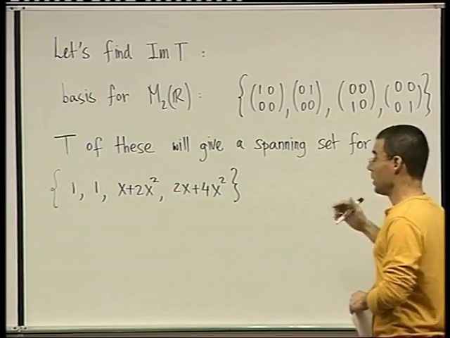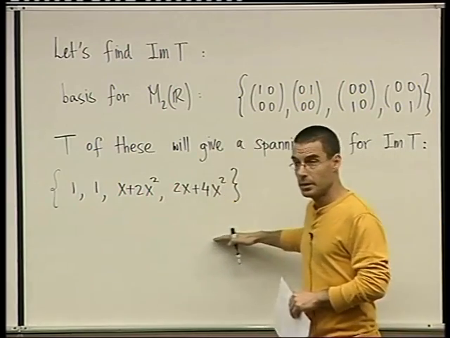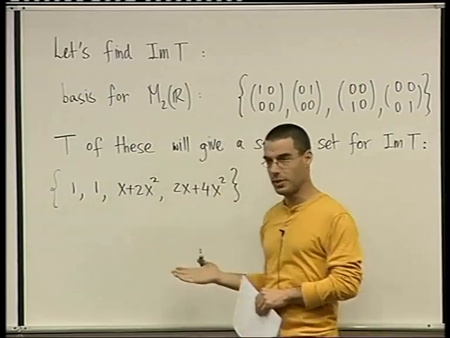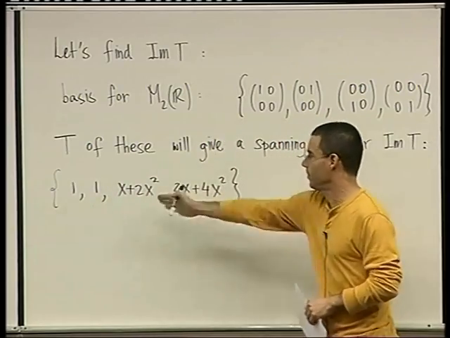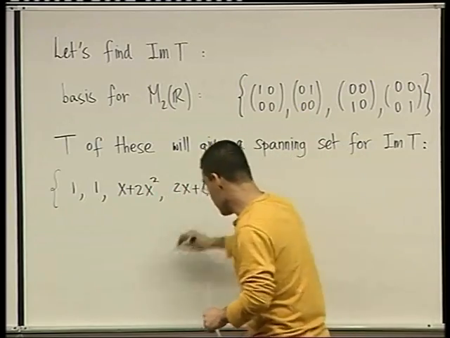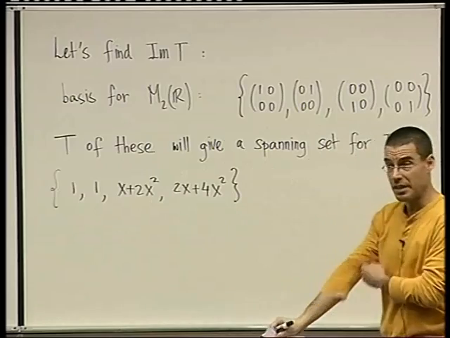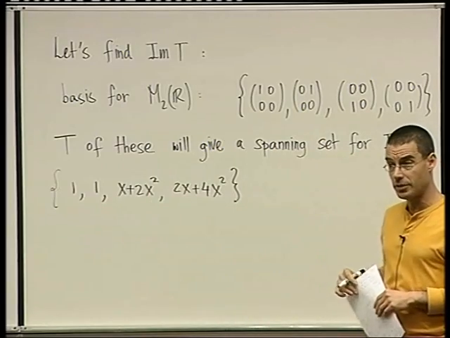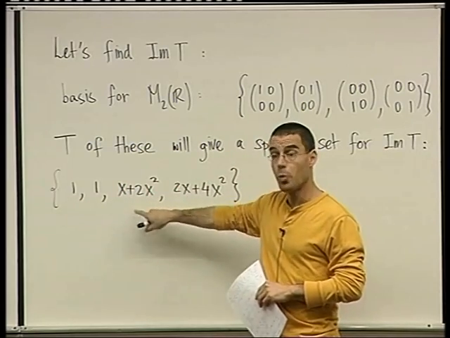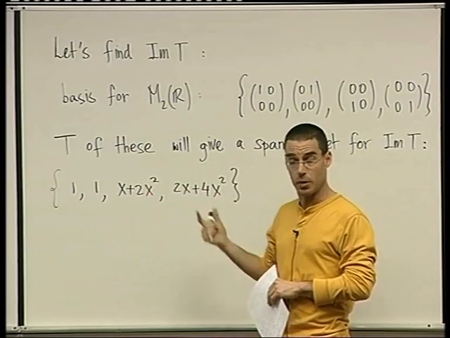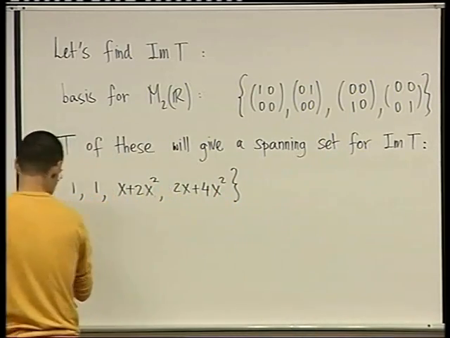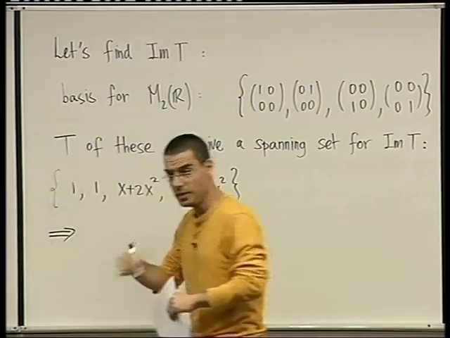Now, is it a basis? No, obviously they're linearly dependent. One of them just appears here twice, and this one is just double this one. So we can obviously throw these two away. They contribute nothing. They're linear combinations of the others. And then we're left with 1 and x plus 2x squared, which are linearly independent, obviously. One is not a multiple of the other. Everybody followed these arguments?